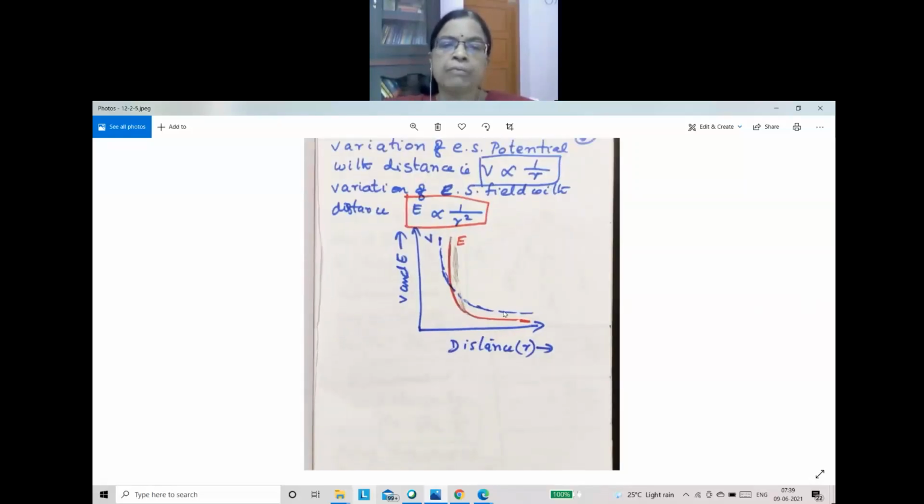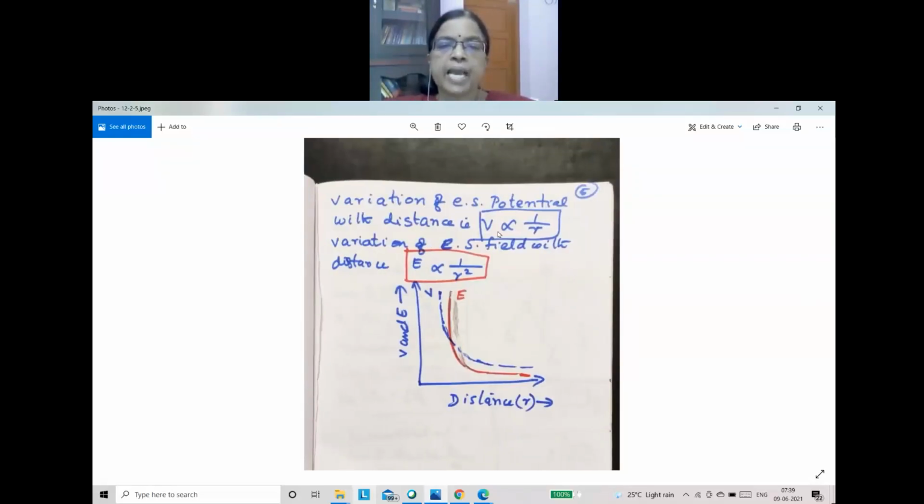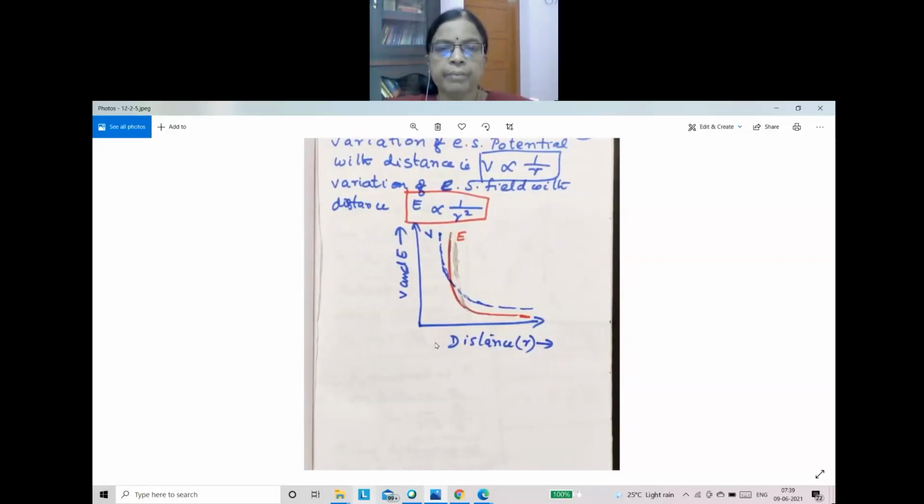Then variation of electrostatic potential with distance: V is proportional to 1 by R. That's what I told, inversely proportional to R only, not R square. But electric field is inversely proportional to R square. So when you plot a graph, distance along x-axis and V or E along y-axis, we get a graph.